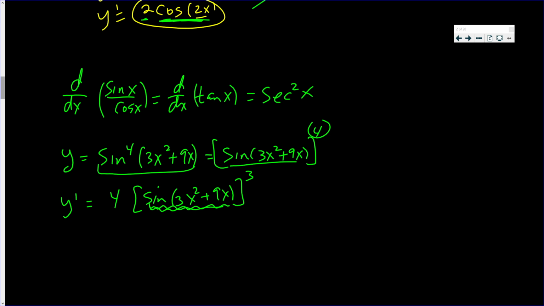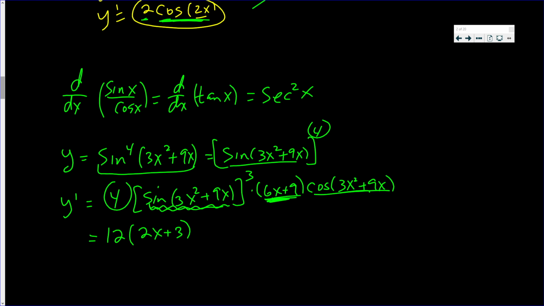Well, the derivative of sine of any angle is the cosine of that angle times the derivative of the angle, which is 6x plus 9. Okay, you can factor out a 3 from here, multiply it by the 4 in the front and get 12. And I'll say this first, but remember, I factored out a 3.